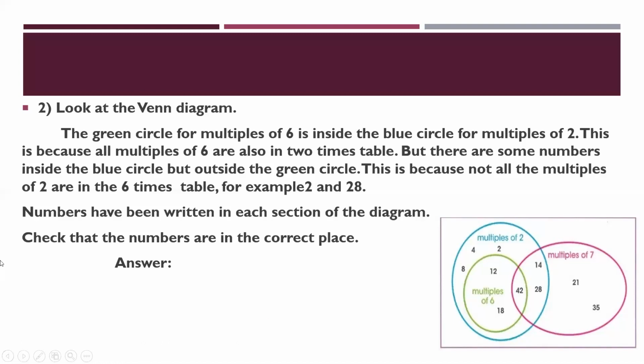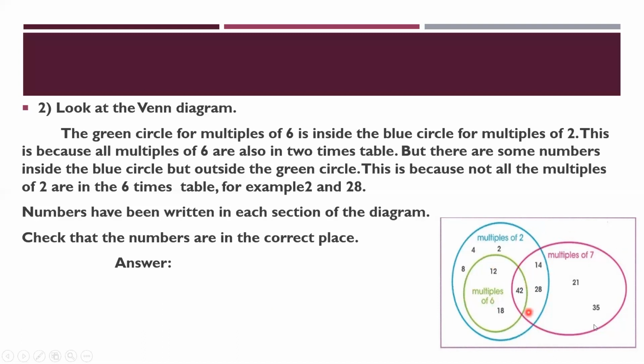Okay. So here the blue circle resembles multiples of 2. So whatever is written inside the blue loop should come in the 2 times table. Now the green one is multiples of 6. So the number that comes inside the green loop should satisfy that the numbers are multiples of 6.